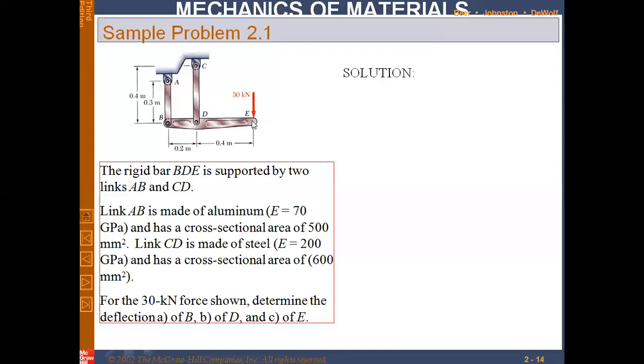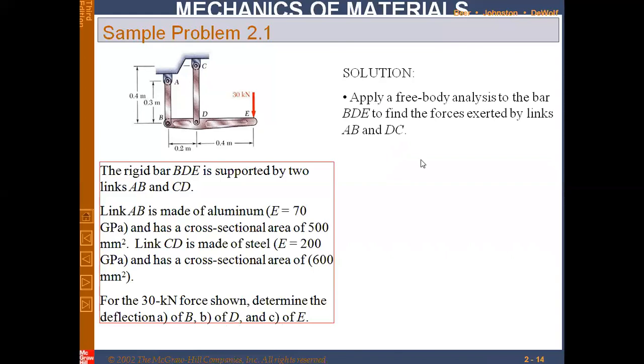So this is actually the problem. We have to find the deflections of these points when a load of 30 kilonewton is applied. Again, we have to use free body analysis in order to solve the problem.